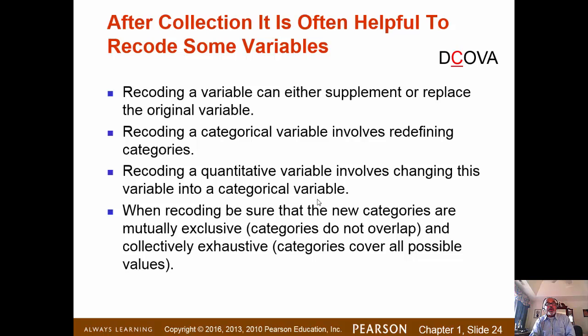So you can take a quantitative variable and recode it into a categorical variable. So when we recode, we want to make sure that the recoded values cover everything in the originals. You can't leave anything out when you're recoding into a new variable. So recoding variables sometimes may be necessary as we collect data, and that's part of data cleaning and data preparation.